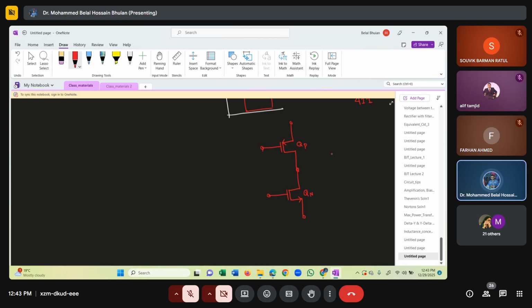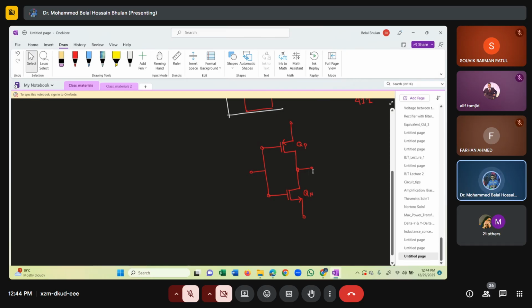Also, the gates of QP and QN are tied together, shorted. Then we take the output from here, and this is where we apply the input Vi. So that is CMOS. We have both N-channel MOSFET and P-channel MOSFET constructed on the same silicon substrate.